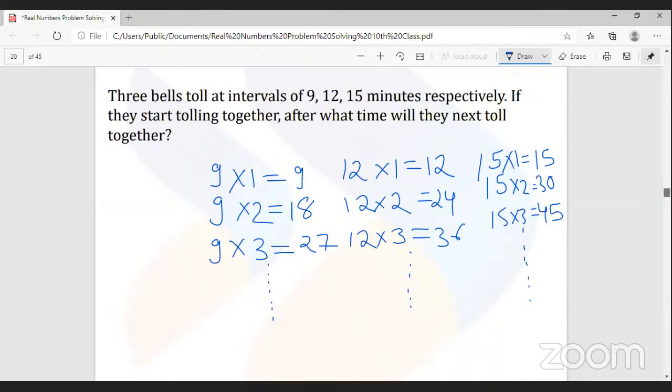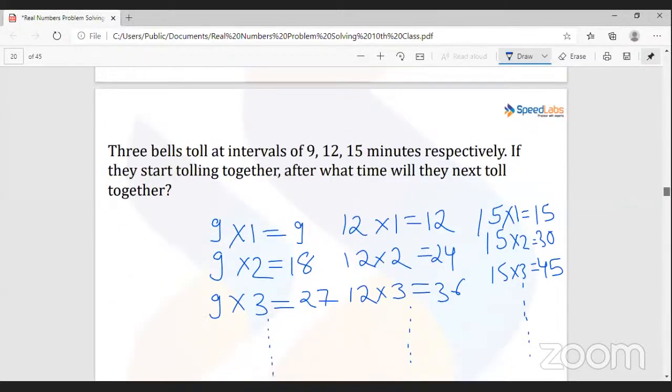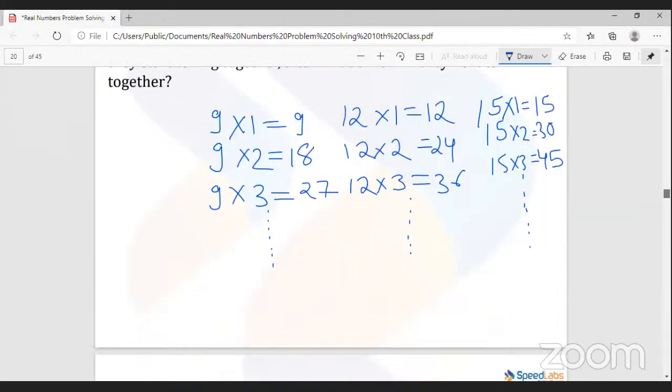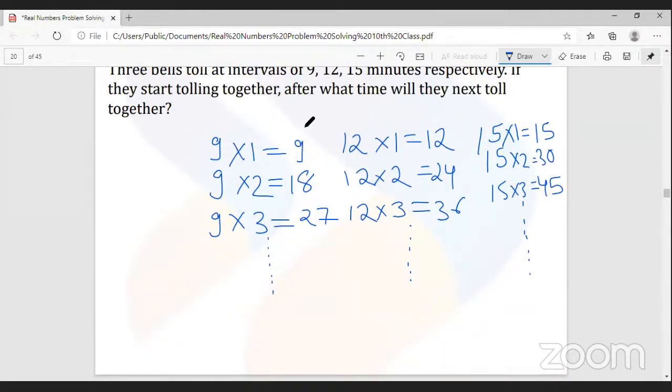Okay. So did everyone understand up to here, that these are the intervals where bells will toll? The first bell will toll at 9 minutes, then 18 minutes, then 27 minutes. Right? Is this clear to everyone? Yes, ma'am.